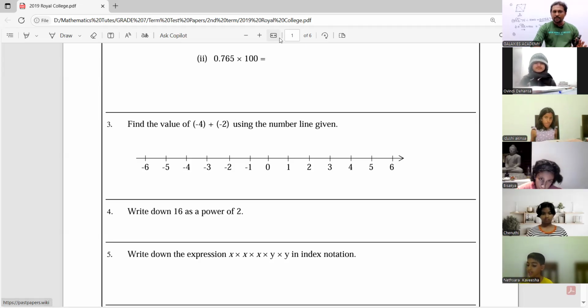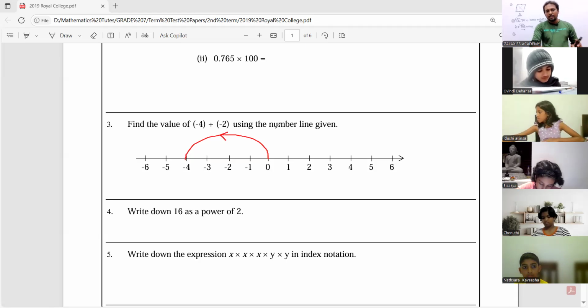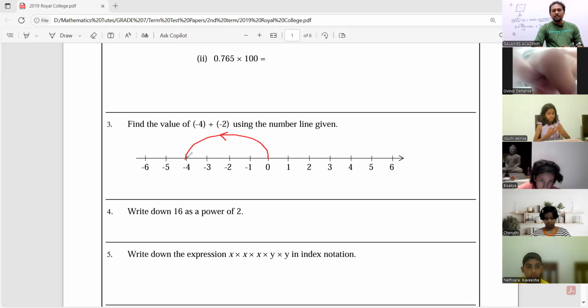So from 0 you first have to move 4 places in the negative direction. Also, you have to represent the moving direction using an arrowhead. This is -4. Then the next directed number, -2. From this position, you have to move another 2 places in the negative direction.